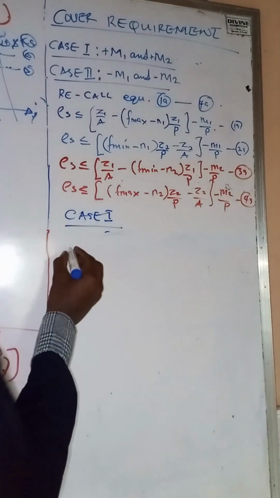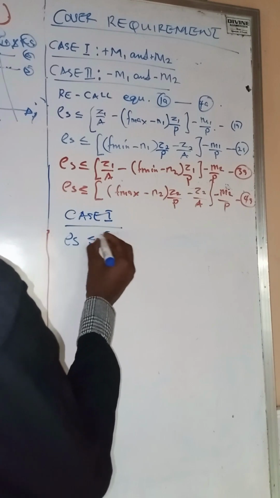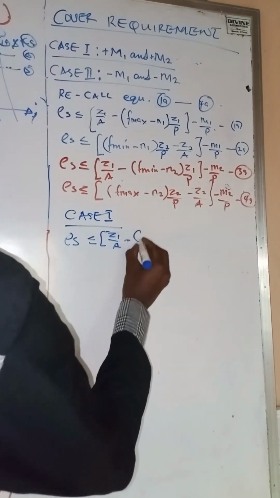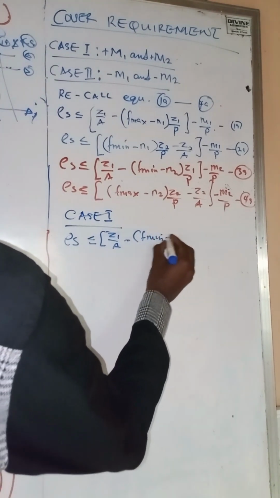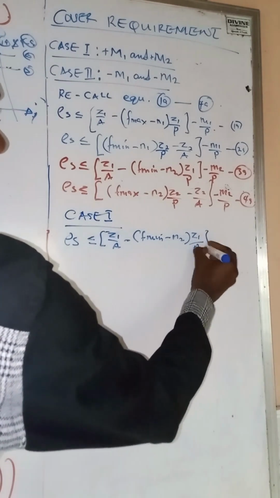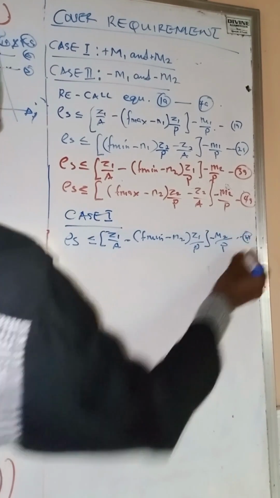So equation 3A is: e_s is less than Z1 over A minus bracket F minimum minus N2 bracket Z1 over P, or bracket M2 over P. That is equation 3A.